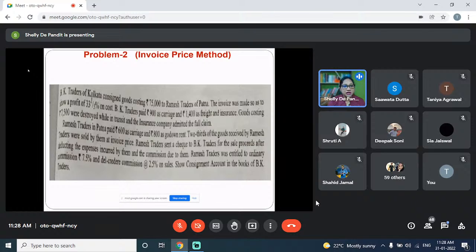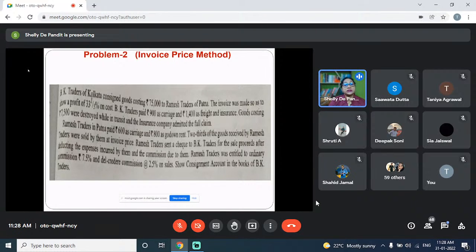Now, the consignee has some expenses like carriage and godown rent. 2/3 of the goods received, that means after the abnormal loss, what has been received by the consignee, out of that 2/3 of the goods were sold at invoice price. So first of all, you have to find out the invoice price so as to know the selling price per unit, right?